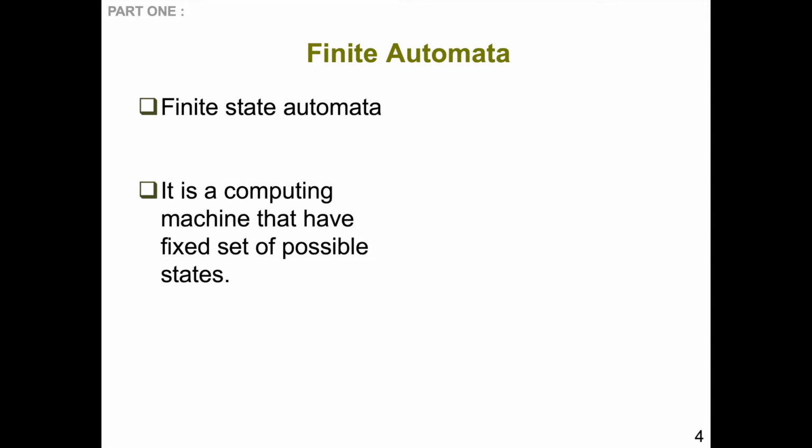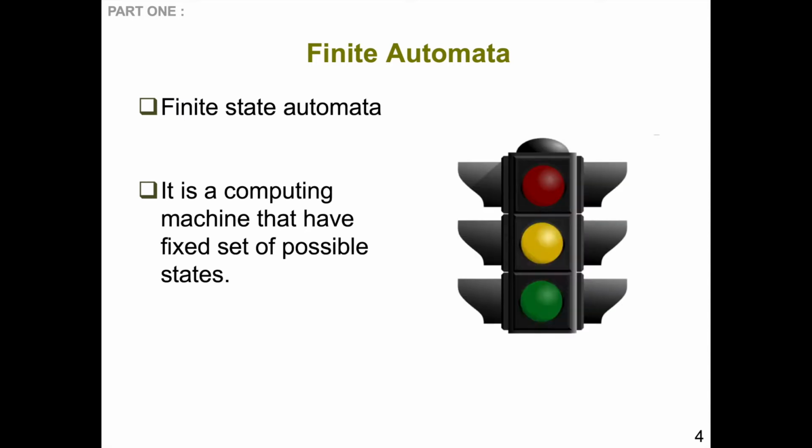of possible states. All right, let's take a real life example, which is the traffic light. If you can see here, I have a limited number of conditions at a particular time, which are red, green, and yellow.